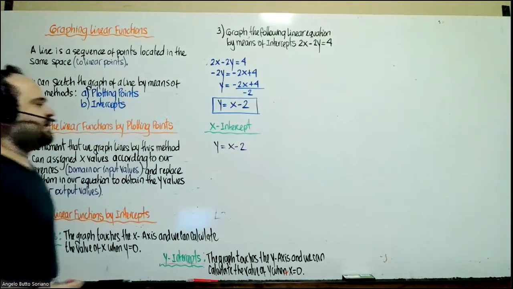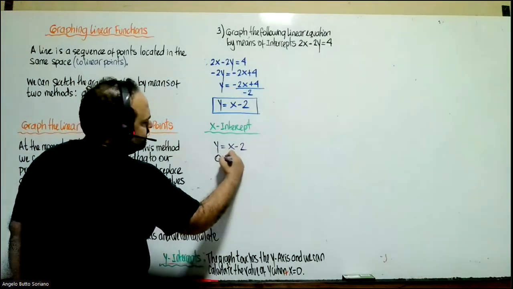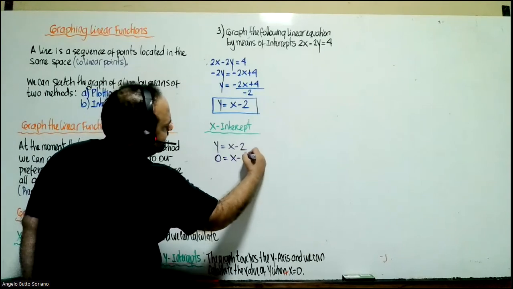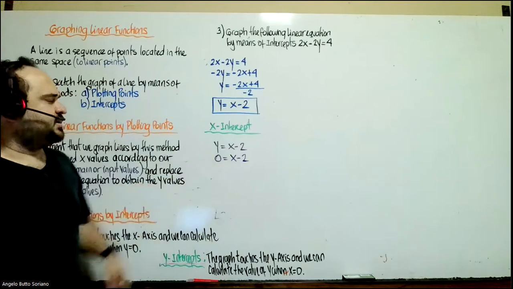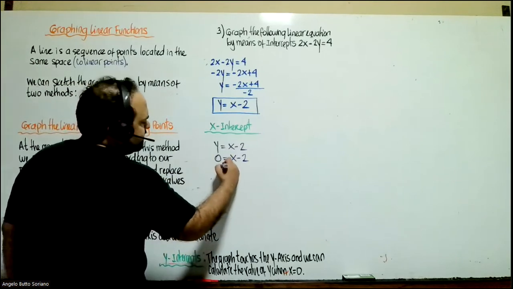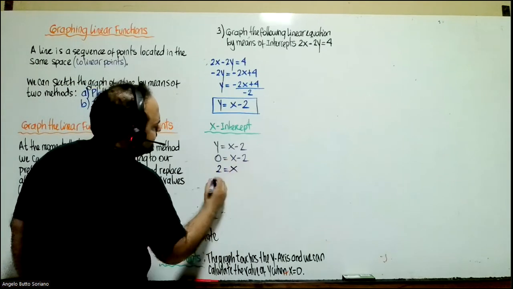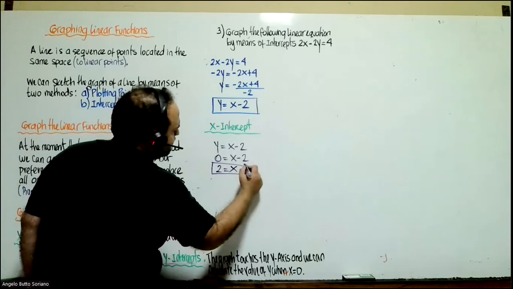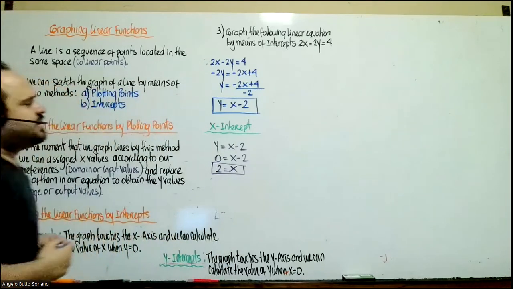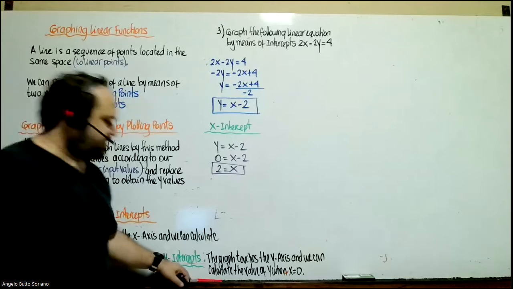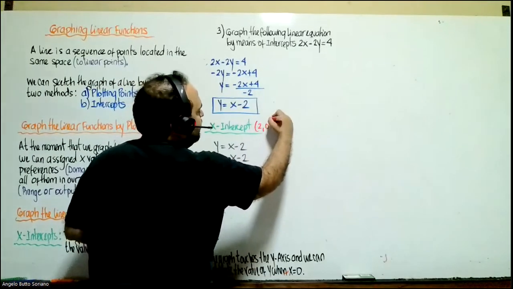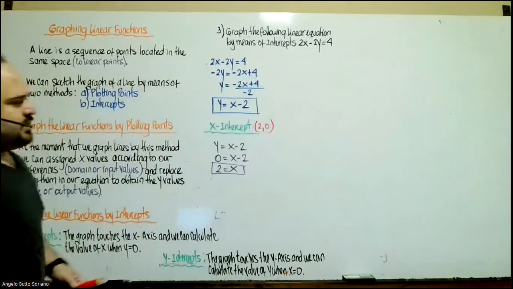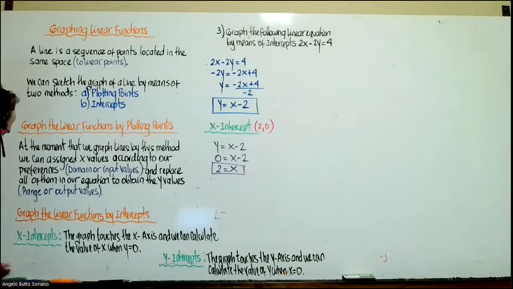Change the y value by 0, and we got 0 equals x minus 2. Because this number 2 is subtracting, it passes to adding, so 2 equals x, or x equals 2. For that reason, the x-intercept can be written like 2, 0. Okay, that's simple.